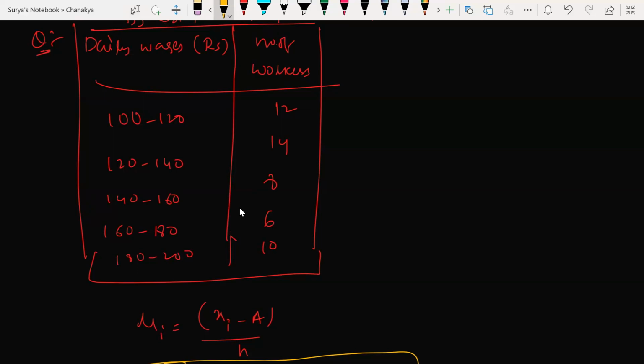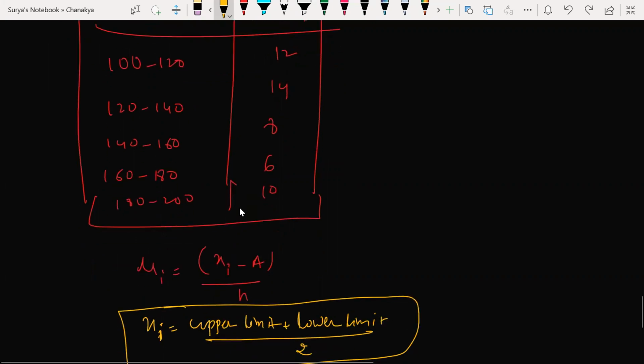The value of the midpoint is very large here, so you can assume a as something like 150, or 140, anything. What is h here? Class interval, class size, which is 20, isn't it? Straight away you can find it out.